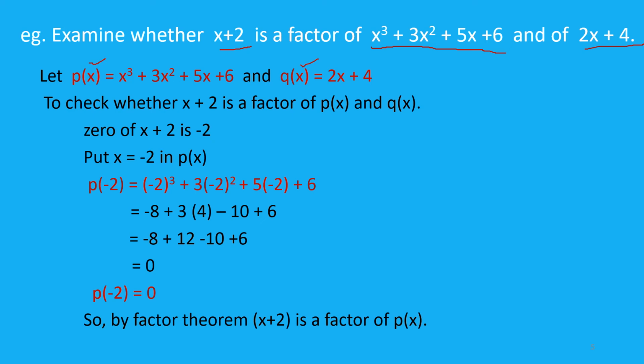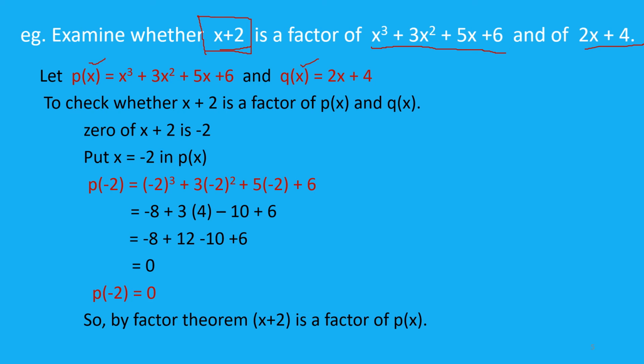We did the factor theorem. In the first part we did that x minus a will be a factor of P(x) if P(a) is equal to 0. So here x plus 2 will be a factor of P(x) or q(x) if P(a) and q(a) are equal to 0. And what is the value of a?